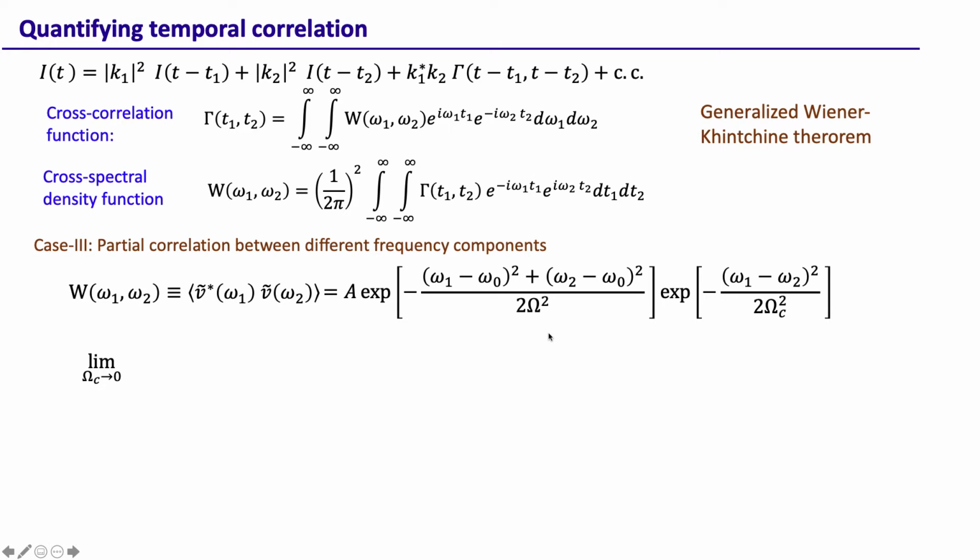This is a Gaussian function, and this is also kind of a Gaussian function; it is a double Gaussian. If we take the limit omega c going to 0, then this takes this form, because with omega c being 0, this is essentially a delta function.